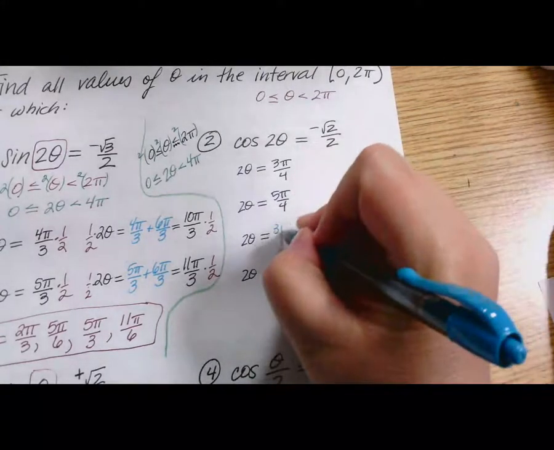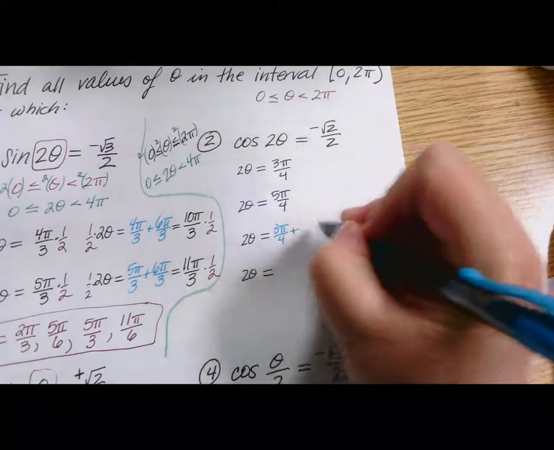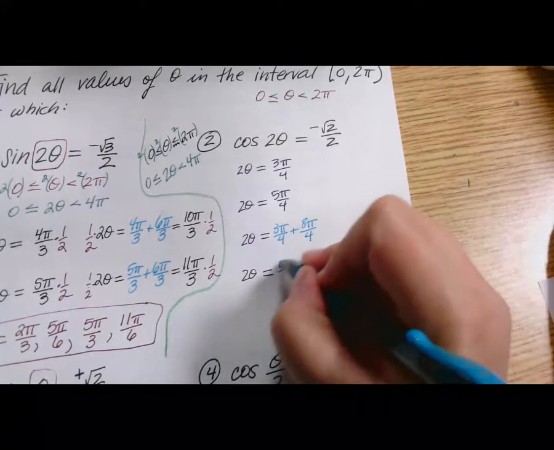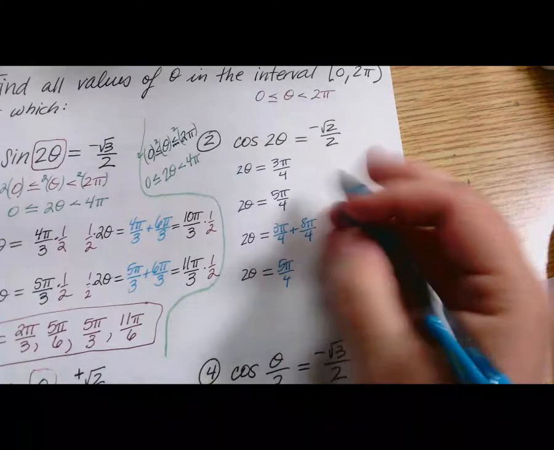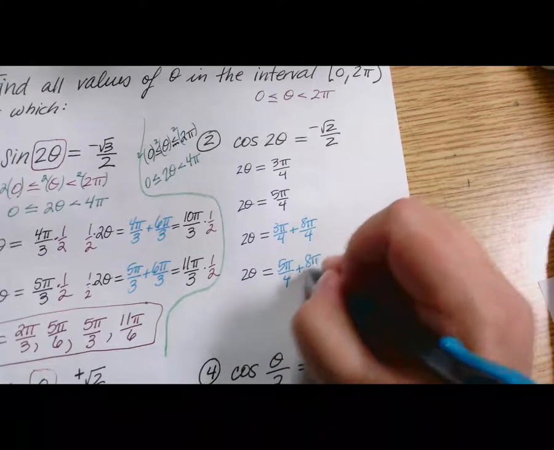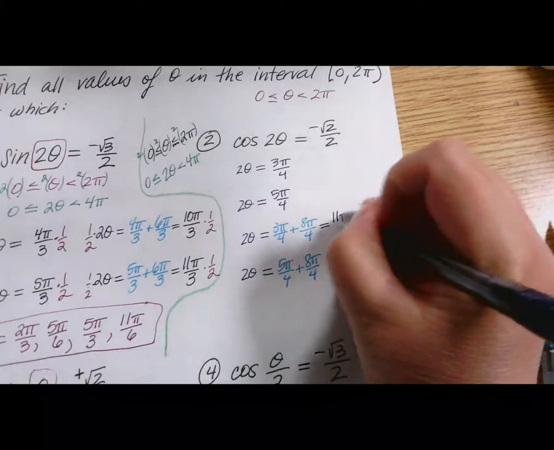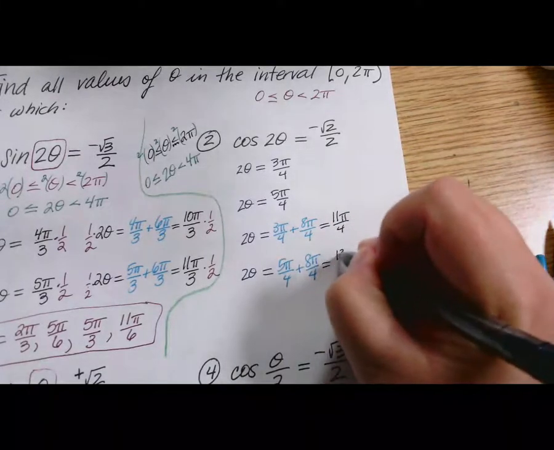So 3 pi over 4 plus all the way around is 2 pi, so that's 8 pi over 4. 5 pi over 4 from here plus all the way around is 2 pi, so that's 8 pi over 4. So this makes 11 pi over 4, just like we got counting our way around, and this makes 13 pi over 4.